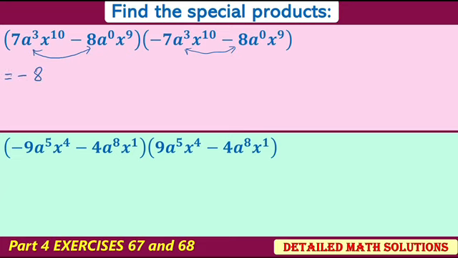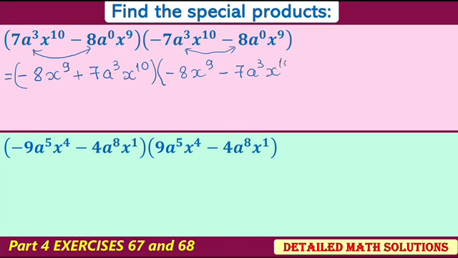minus 8x to the 9th power plus 7a to the third power x to the 10th power in parentheses multiplied by minus 8x to the 9th power minus 7a to the third power x to the 10th power.